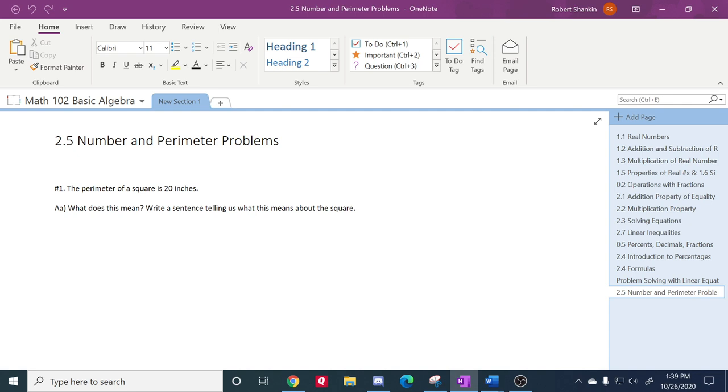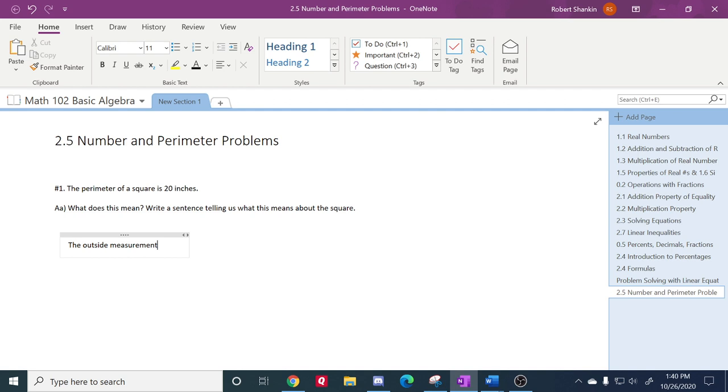The perimeter of a square is 20 inches. Essentially, it is the outside measurements, and I put the definition of a perimeter, which is the path that encompasses and surrounds a 2-dimensional shape. So essentially what it's saying is that measurement is 20 inches.